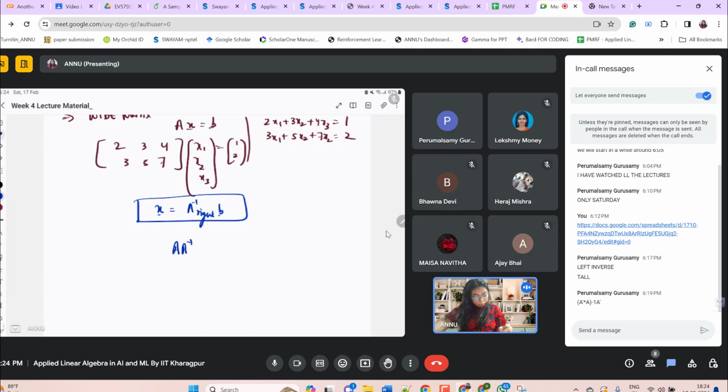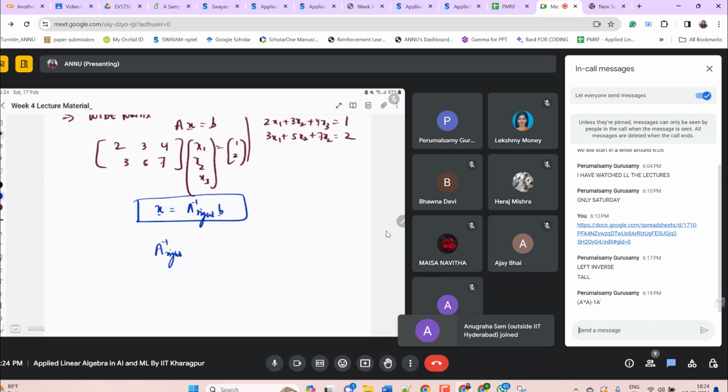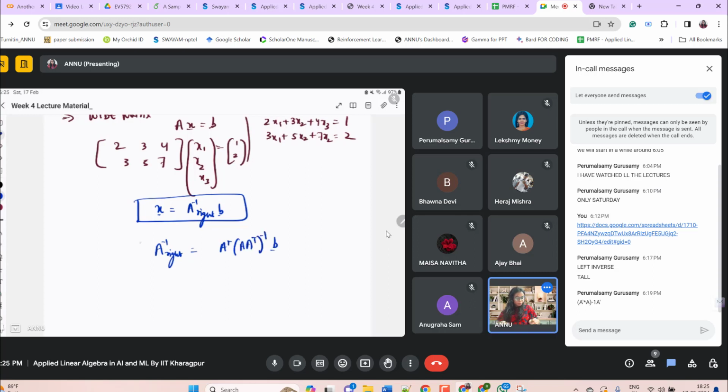A transpose, whole inverse. So A inverse right is nothing but A transpose into (A A transpose) inverse into B. This is the formula for it.